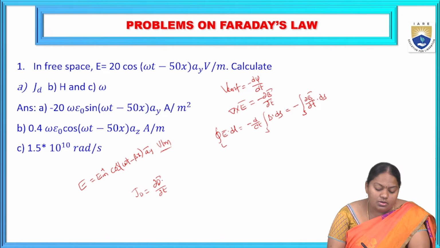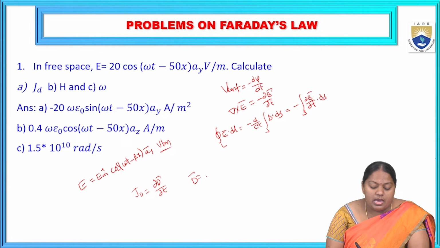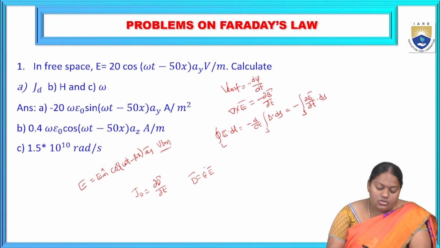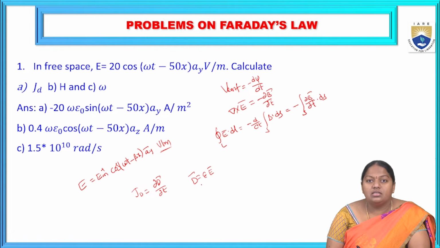We know that the relation between flux density and field intensity is given by D bar equal to epsilon into E bar.